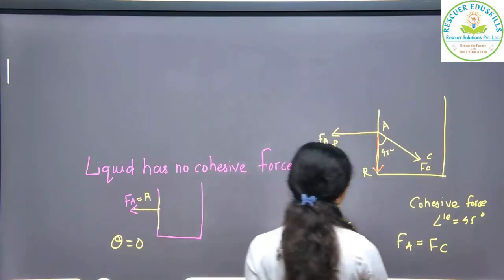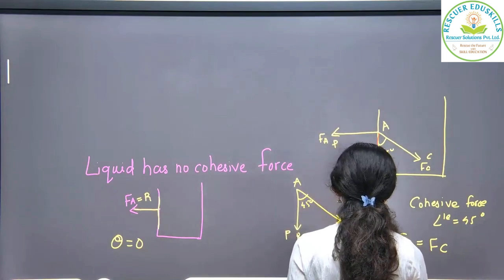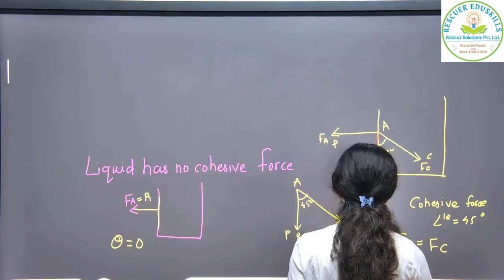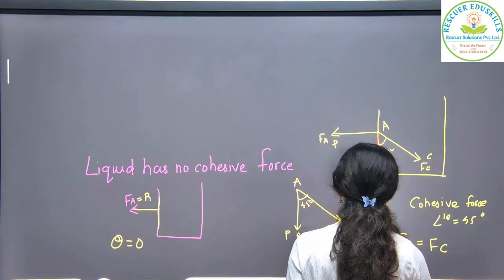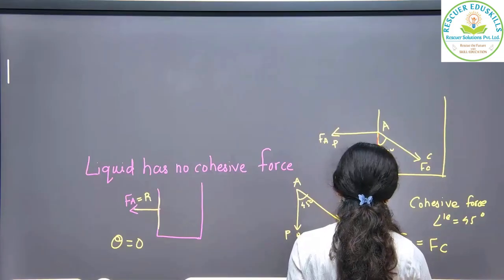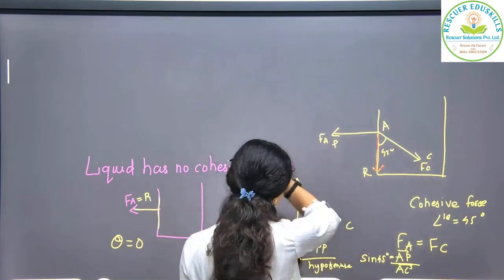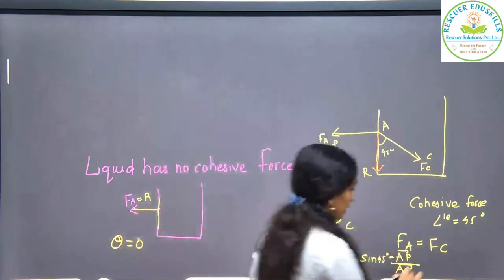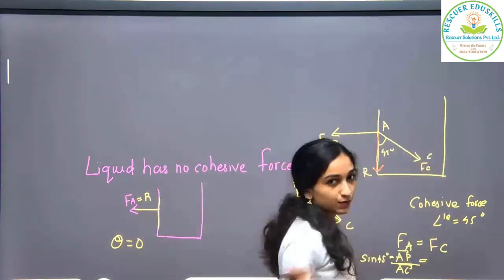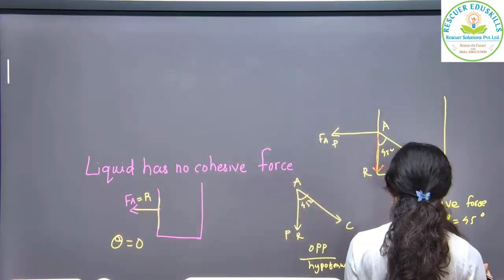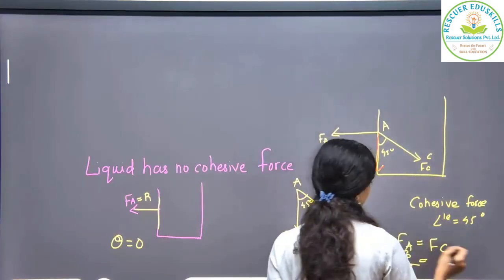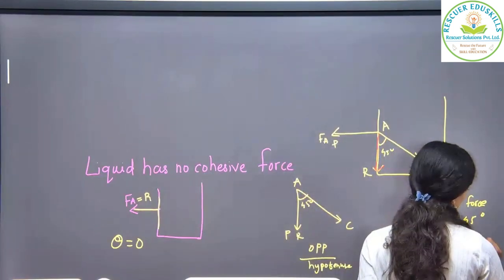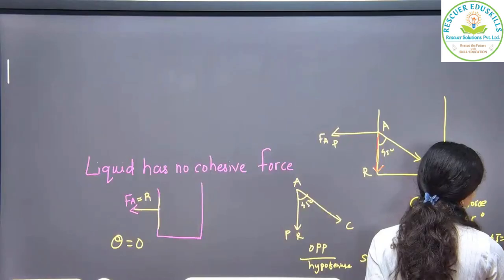So we can write sine 45 as AP upon AC. We know that sine 45 is 1 by root 2.